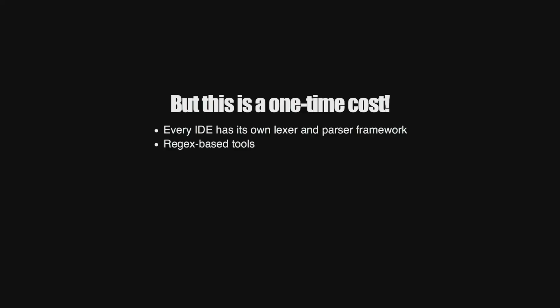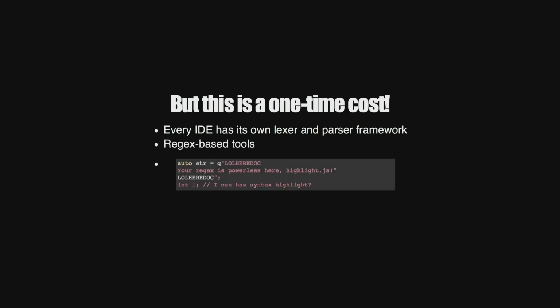Same thing is true with Sonar. If you want all of your D code to be highlighted in a Sonar report, you still have to re-implement some of the lexer definition there. Regular expression-based tools are another reason. For instance, this example using heredoc, which highlights perfectly correctly. You can tell because the int and the I and the comment are all strings.